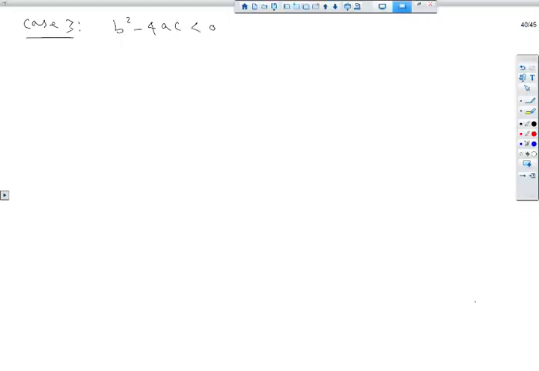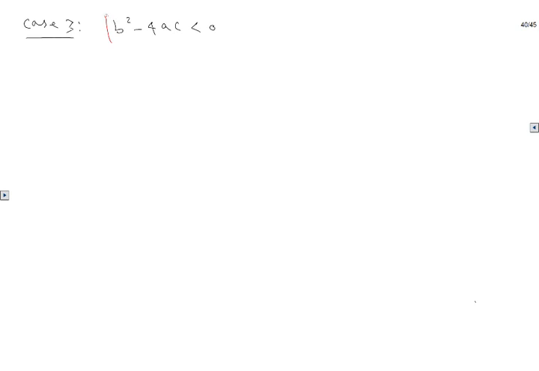So in case number 3, what will happen is b squared minus 4ac is negative. So if it is negative, what's going to happen? You're going to get two complex numbers, so you're going to get the solutions as complex conjugate roots.